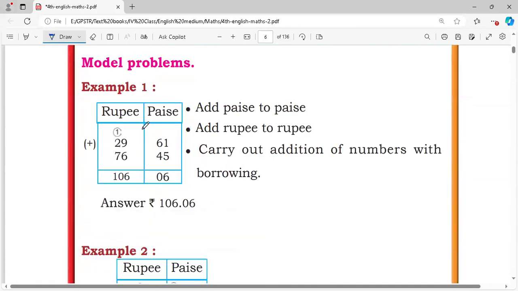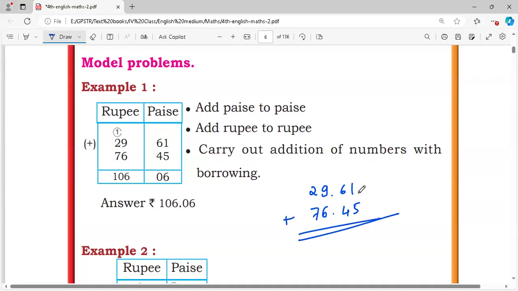Model problem, see one example. 29 rupees 61 paise, 76 rupees 45 paise.